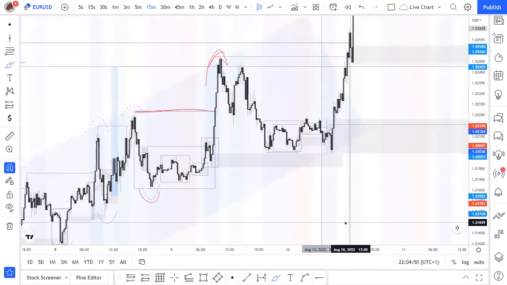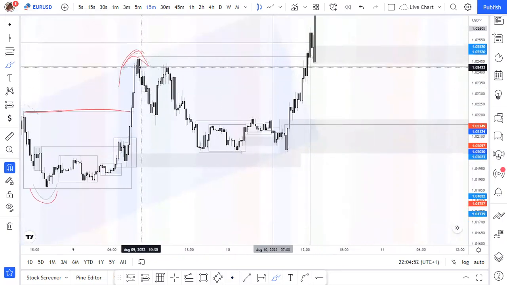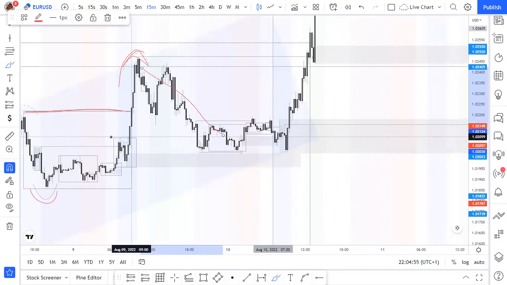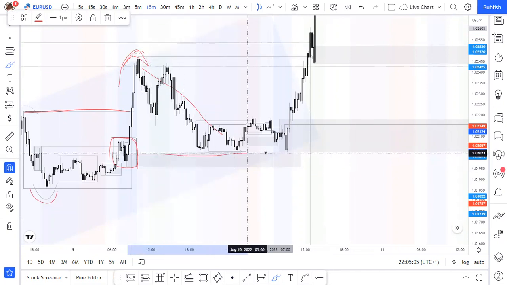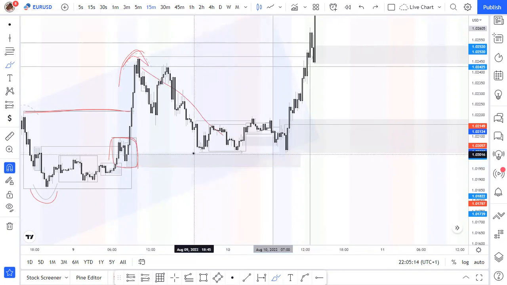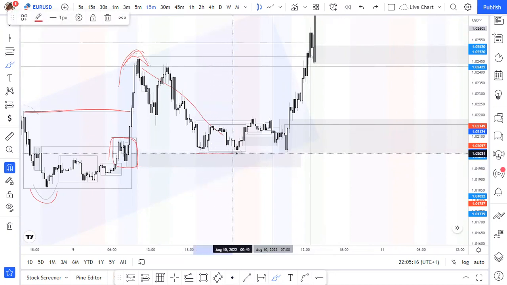So on Wednesday, this was the pullback and we had this demand range here. Within this huge demand range, we had this refined demand range here. And just above this particular demand range, we had some kind of equal lows.